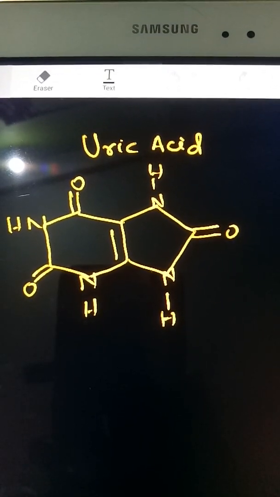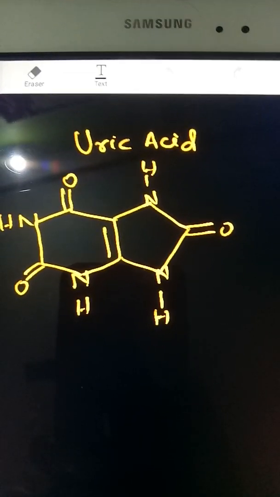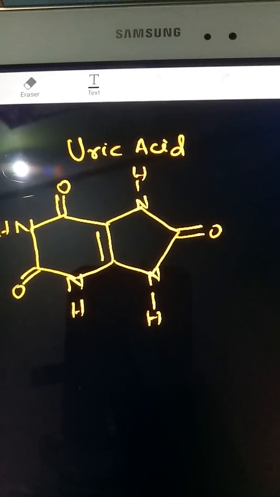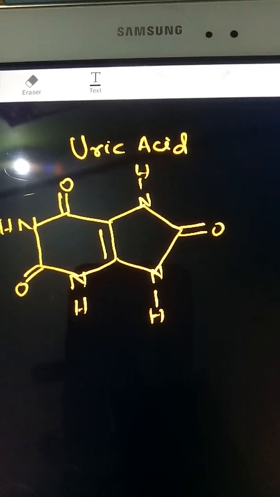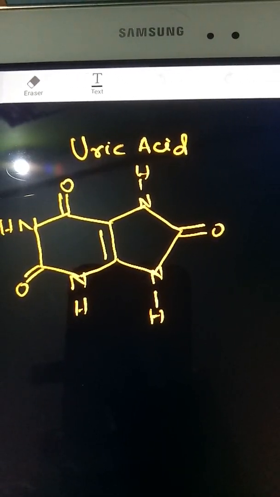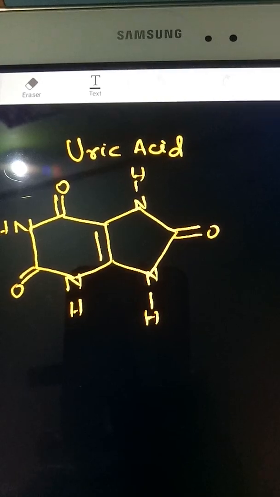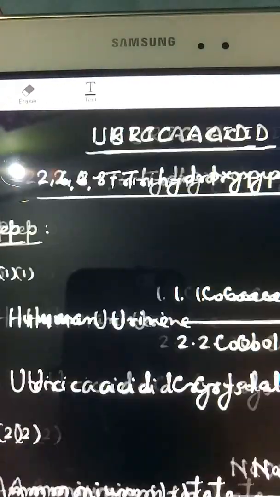There are 2 rings, one 6 member and one 5 member. So just remember or imagine the structure of uric acid before doing structure determinations.